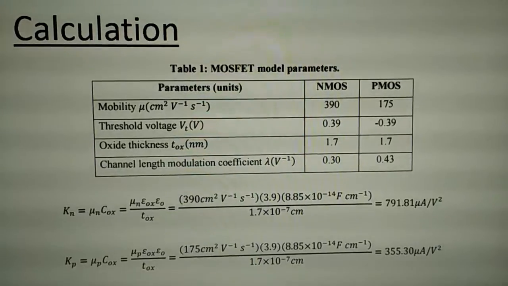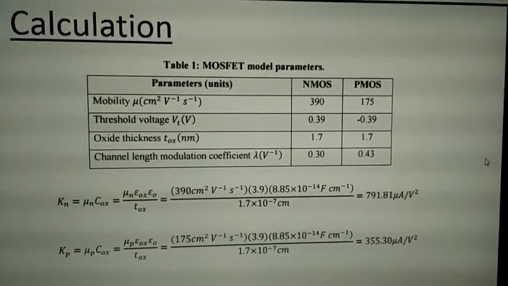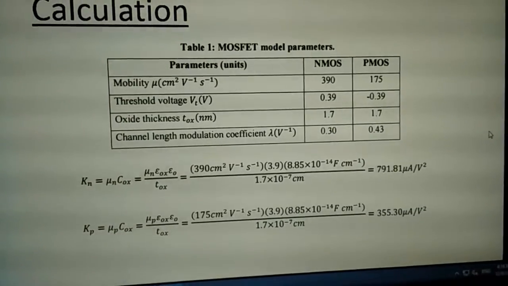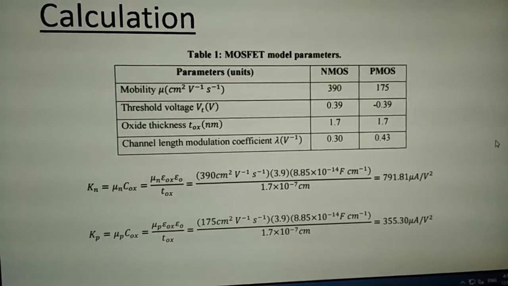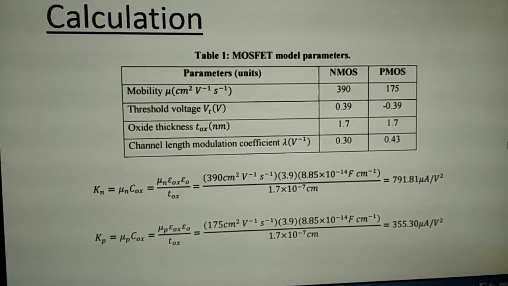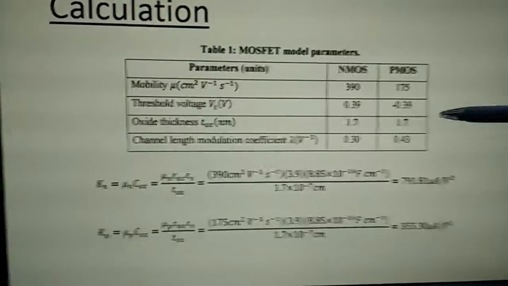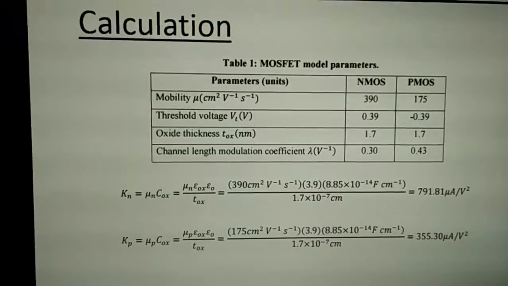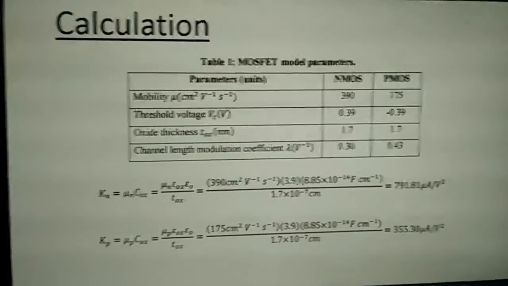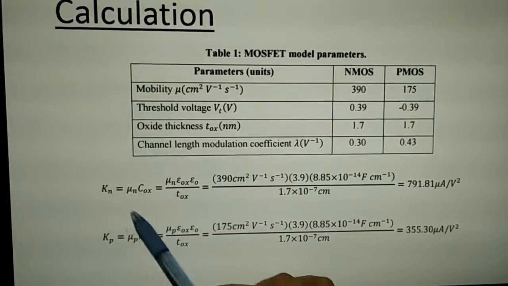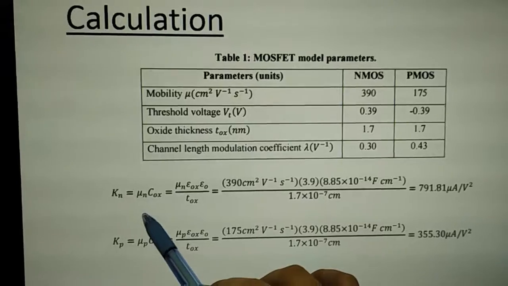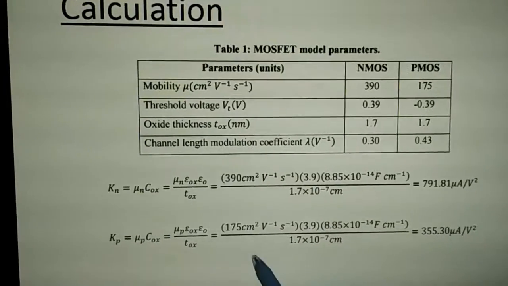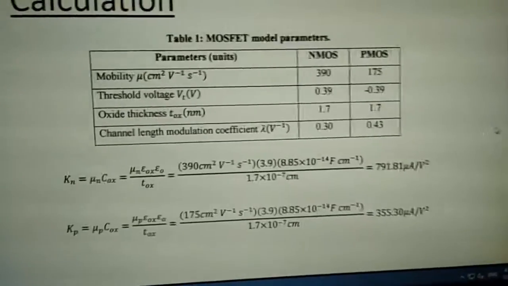So now we are going to talk about the calculation, how we design an Op Amp. We are using a 130 nanometer technology, and these are the parameters that we extract from the data sheet. This is the conducting parameter for NMOS, and this is the conducting parameter for PMOS.